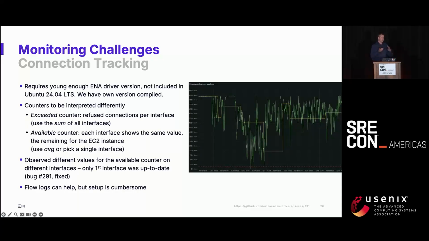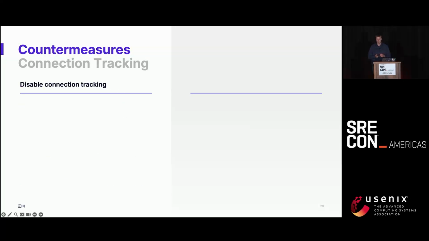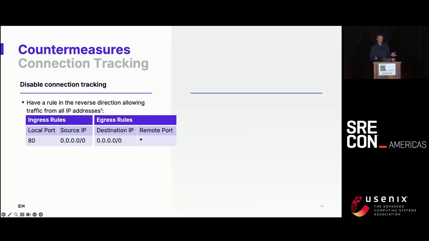Then, if you know it's about connections, you can get an overview of what connections are routed through your VPC through flow logs. I'll stop ranting about how complicated it is to enable flow logs for the benefit of finishing within time. What can we do against connection tracking? It's a feature which we can luckily disable.